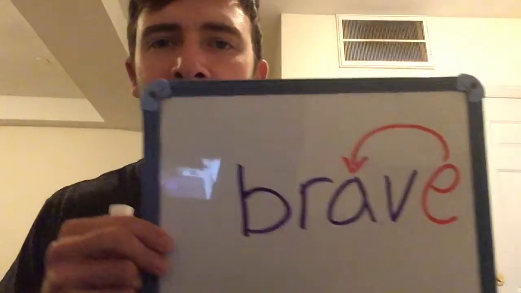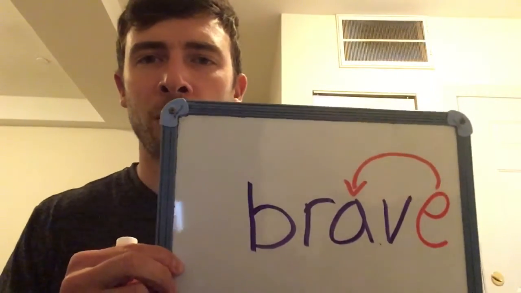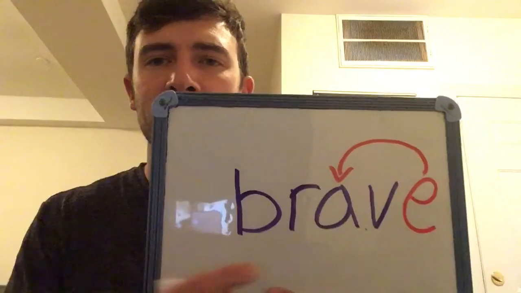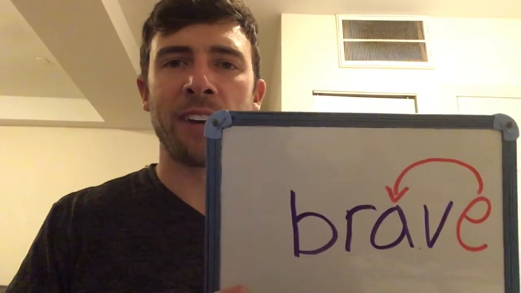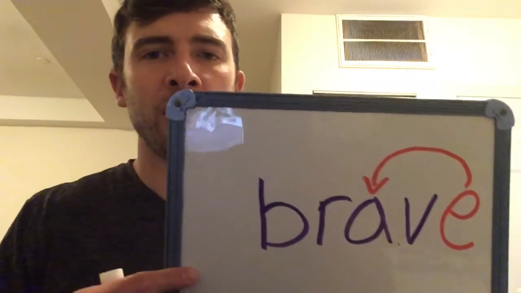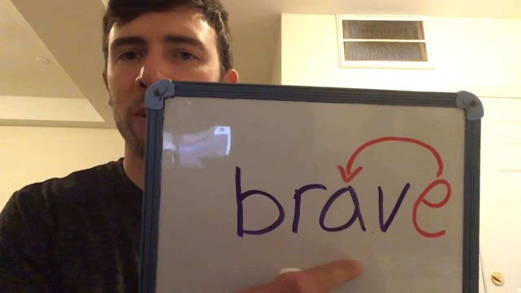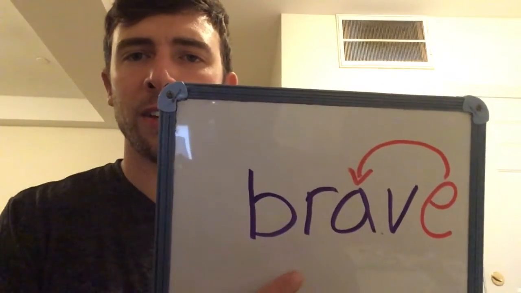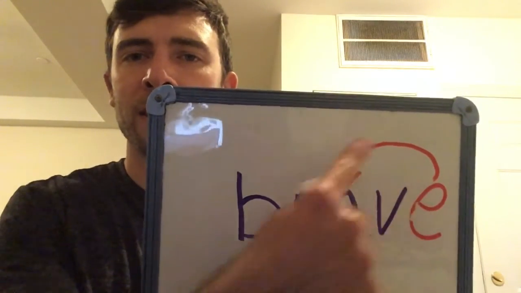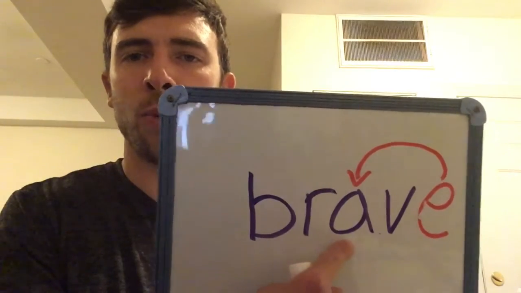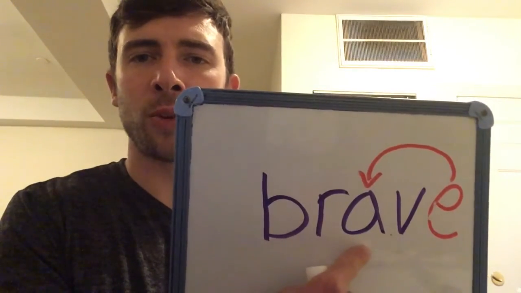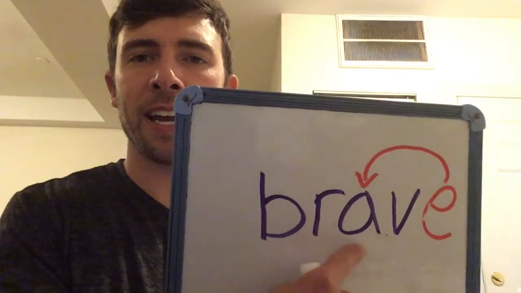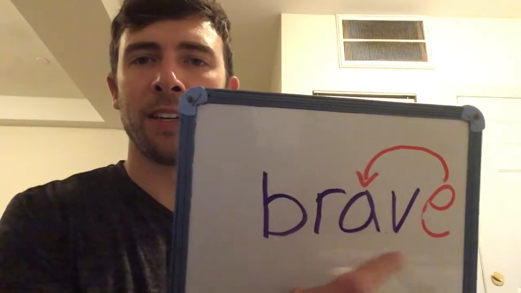The other thing I notice is that this is a little bit longer than the words that we've practiced. Instead of having just 4 letters, there are 5 letters altogether. So we have to maybe focus a little bit harder on this. But remember, if our E is bossing around our A, we know right away that this letter is going to sound like A. Let's keep that in mind.